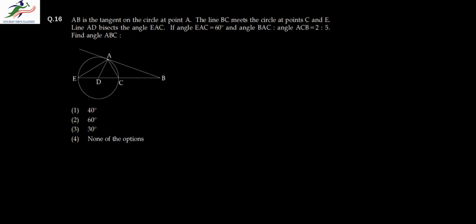In this, we are given a circle and a tangent and a couple of angles, and we have to find out one particular angle. Now, let's see what's given. We are told that AB is the tangent, and BCE is the line which cuts the circle in the 2 points C and E. Now, we've been told also that angle BAC to angle ACB is 2:5.